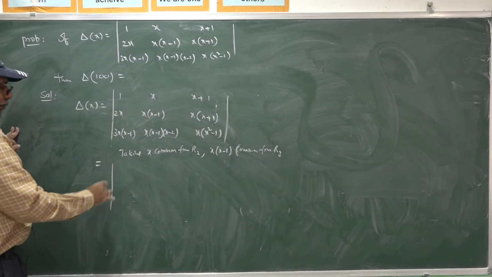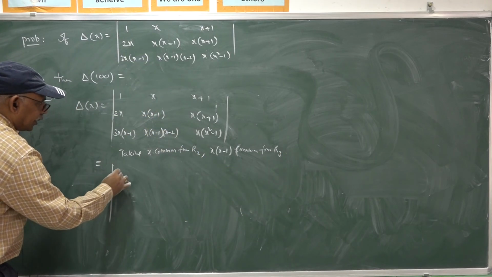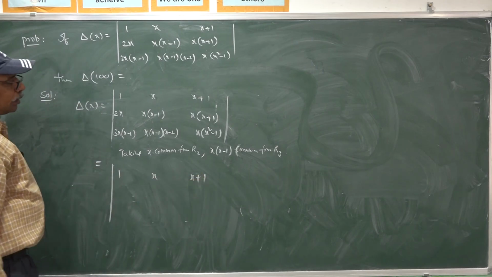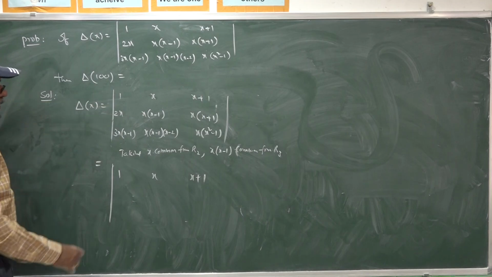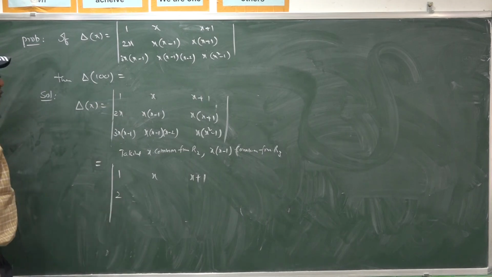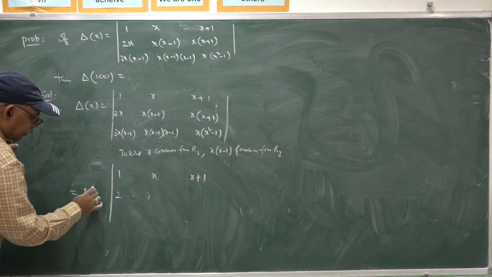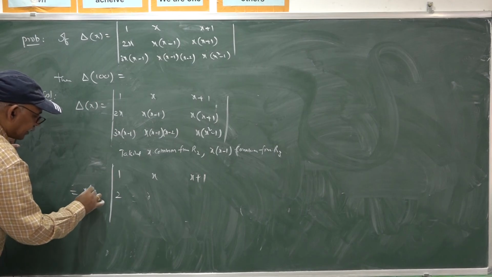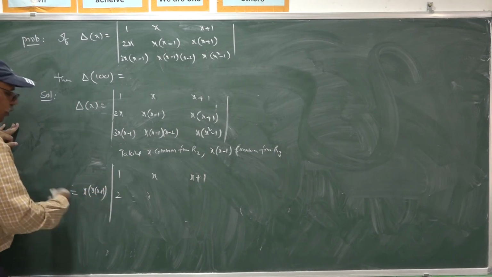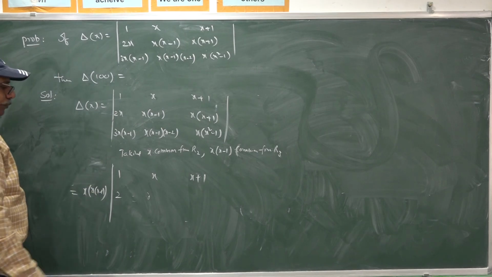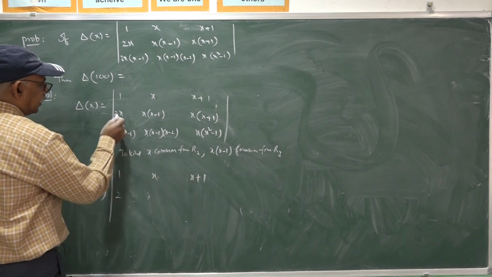The determinant becomes, the first row is 1, x, x plus 1 itself. Taking x as common from the second row we get 2, x minus 1, x plus 1.